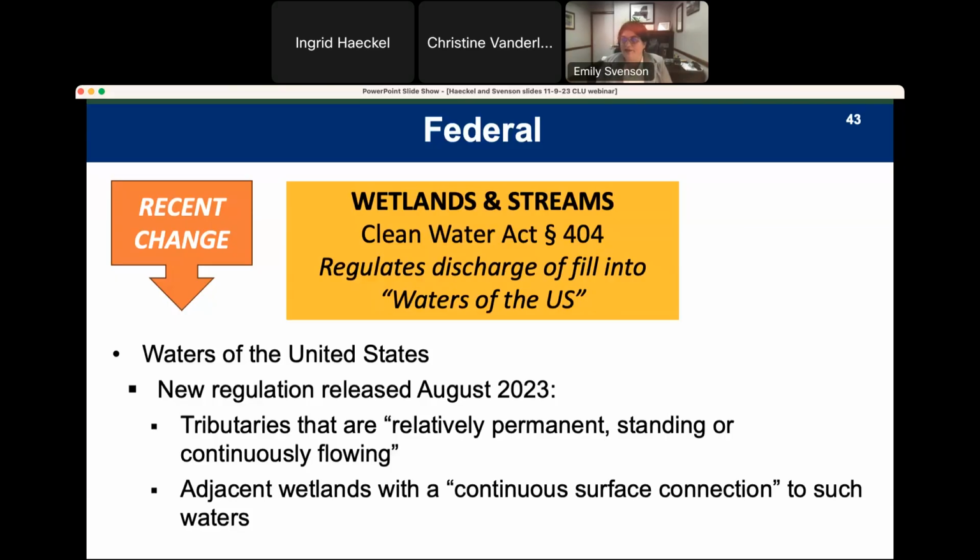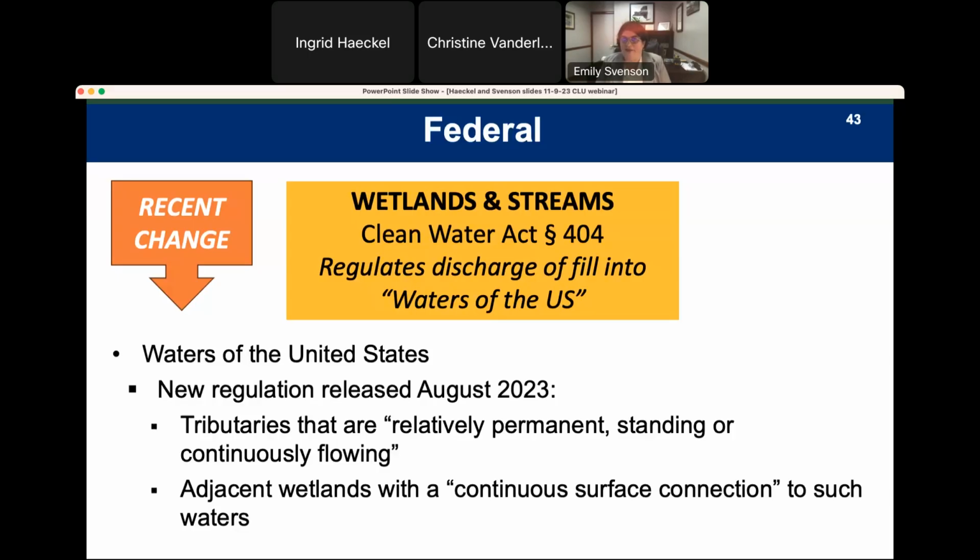tributaries that are relatively permanent are included in federal jurisdiction. That definitely includes perennial streams that flow year round. It definitely does not include ephemeral streams that flow only after rainstorms, those really small temporary streams. It may include some intermittent streams. If a stream is seasonal, it may fall into the category of relatively permanent, or it may not.